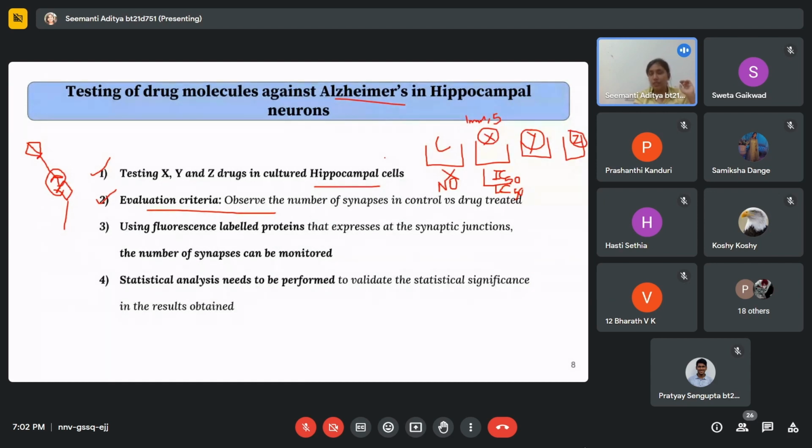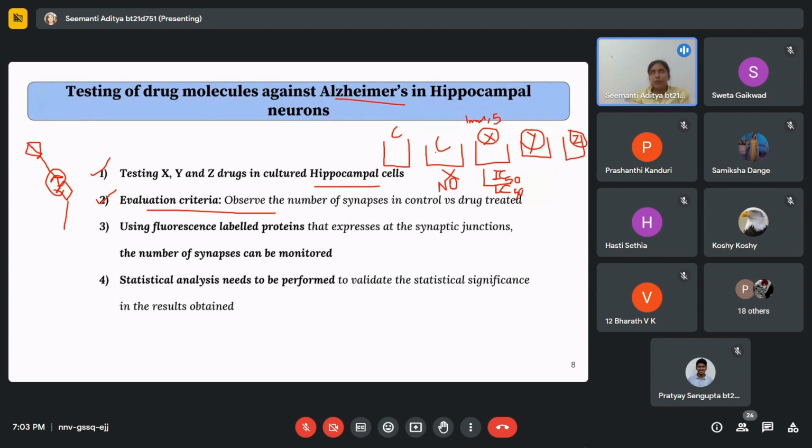So ideally, we need to have two controls. One control will have nothing, no drug and no Alzheimer's induction, and another control needs to have Alzheimer's induction, where the hippocampal neurons are induced with chemicals to show an Alzheimer's-like effect.